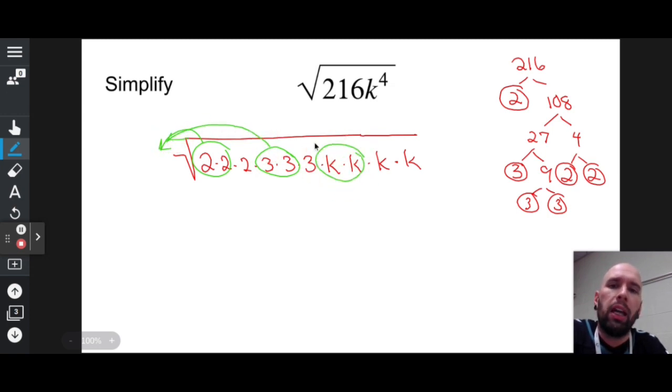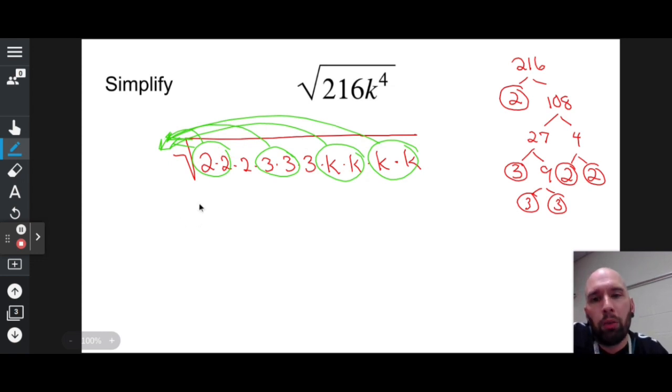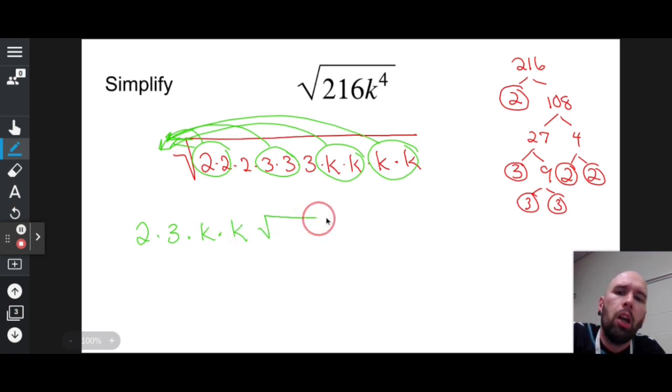Circle a pair of Ks, bring one of them out. Circle a pair of Ks, bring one of them out. Nothing left as far as variables go. So what I bring out is a 2 times a 3 times a k times a k. And what I have left inside is a 2 times a 3.